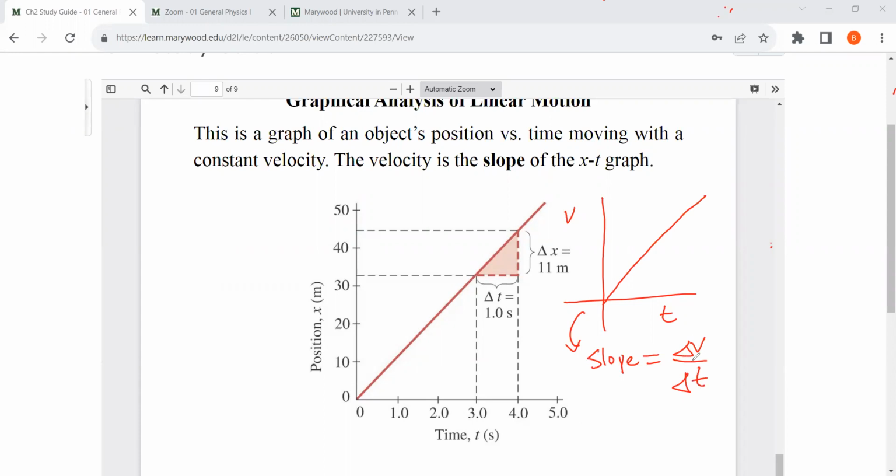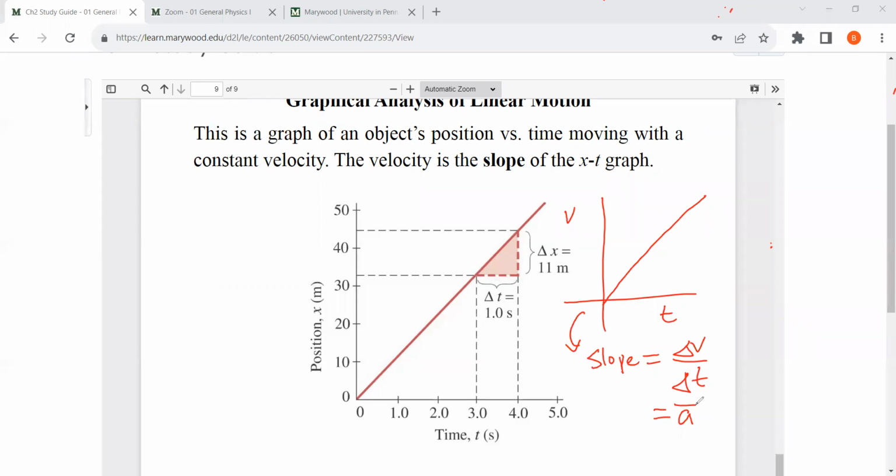So v is the rise and t is the run. So it is basically the average acceleration. So if we have a position versus time graph, we get average velocity. If we have a velocity versus time graph, we get average acceleration.